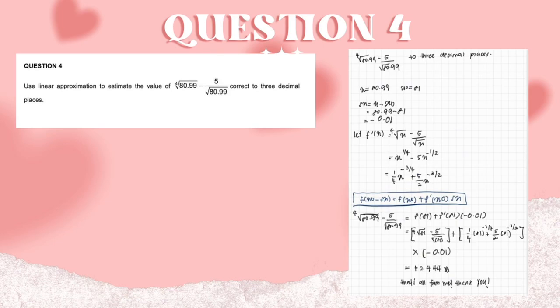If you just put your numbers in, you will get the square root of 4 times 81 minus 5 over square root of 81, plus 1 over 4 multiplied by 81 to the power of negative 3 over 4, plus 5 over 2 multiplied by 81 to the power of negative 3 over 2, and the last one you have to multiply by delta x, which is negative 0.01.